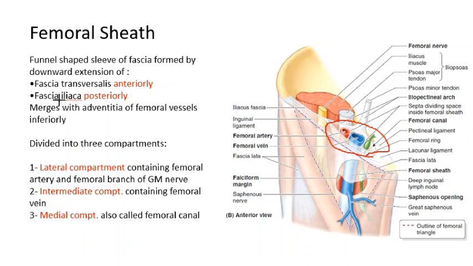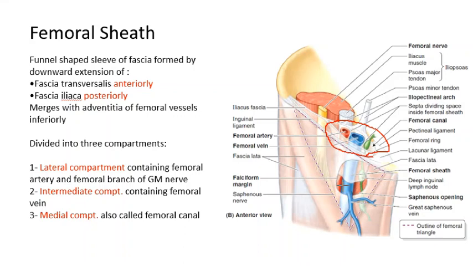So it's a funnel-shaped sleeve. You can see it's broad-mouthed in the upper part and just becomes narrower in the lower part, so it becomes sort of a funnel. And it merges with the adventitia of the femoral vessels inferiorly. So inferiorly, it just becomes a part of these vessels and ends like that.